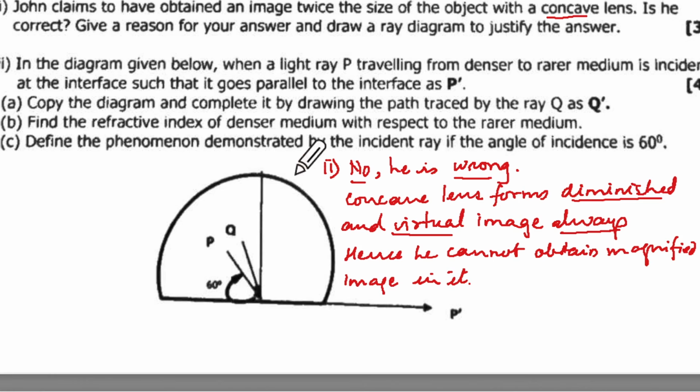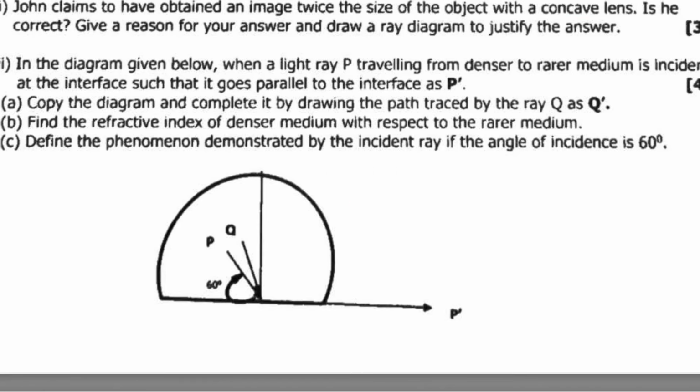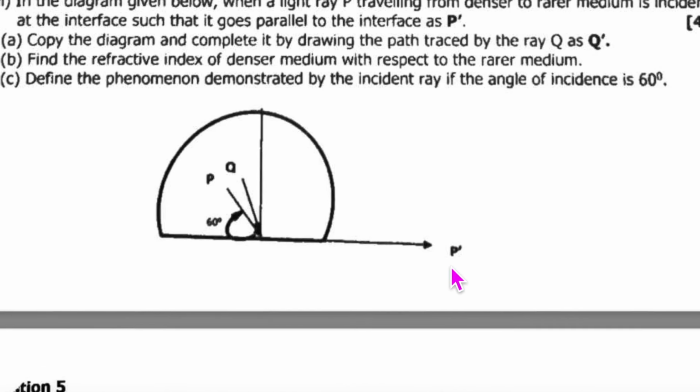Okay? The diagram below. Ray P is traveling from denser to rarer, and it goes parallel to the interface as P dash. This one is the interface. It goes parallel to it, means like so.